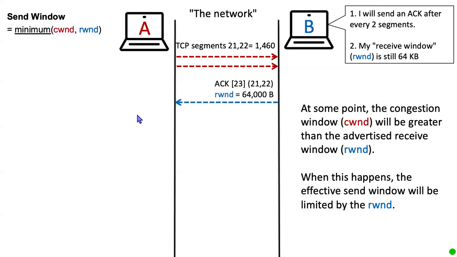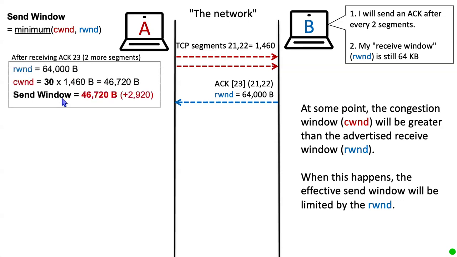Okay, so let's see. We've just sent another couple of segments here. Our receive window is at 64,000 bytes. Our congestion window, let's say right now, is adding another 2,920 bytes. Another 2 maximum segment sizes. Our send window is now at 46,720.